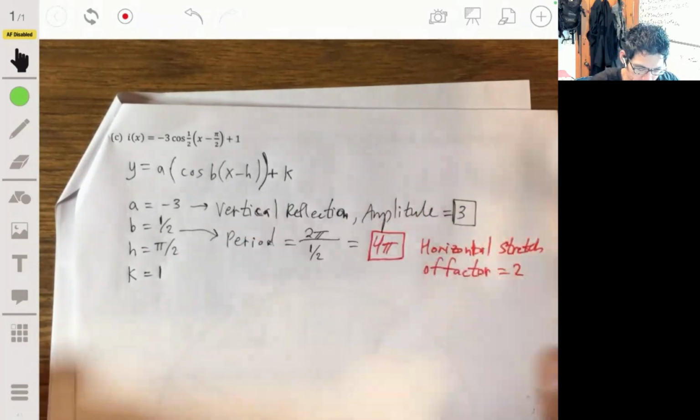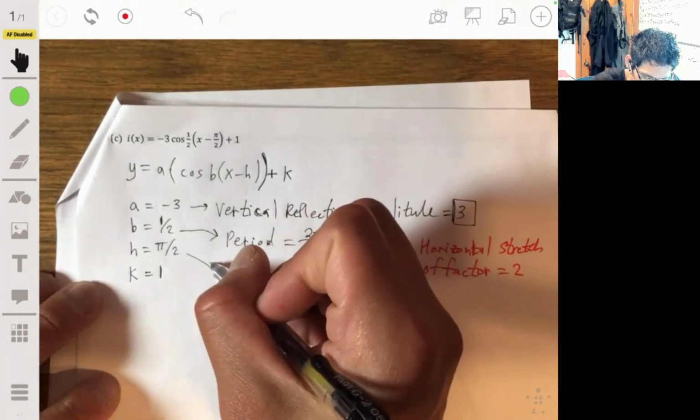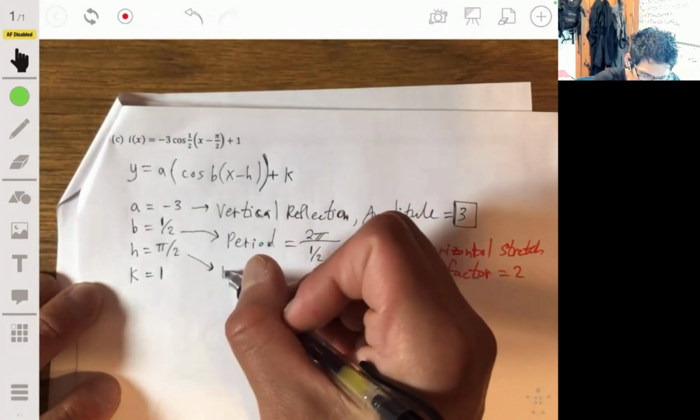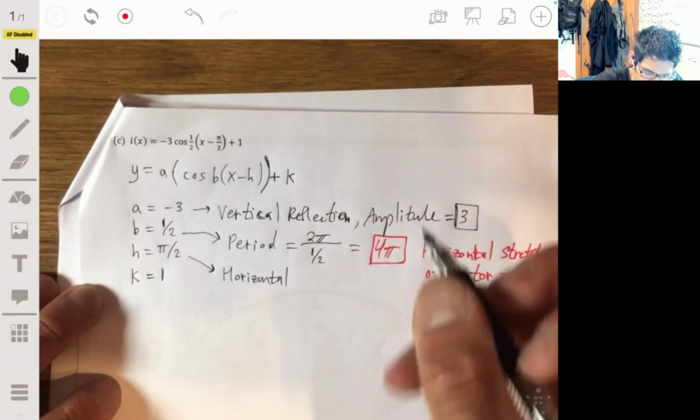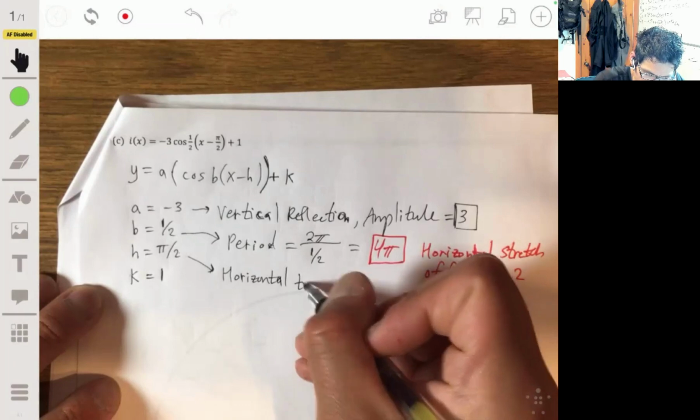Now the H, pi over 2, does a horizontal translation, pi over 2 units to the right.